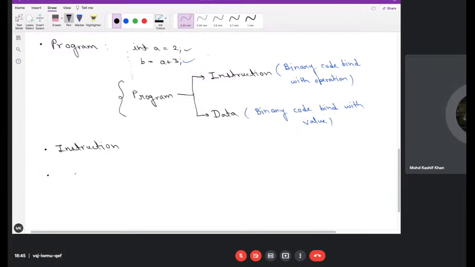Now write the next keyword, which is data. Now write regarding the data.